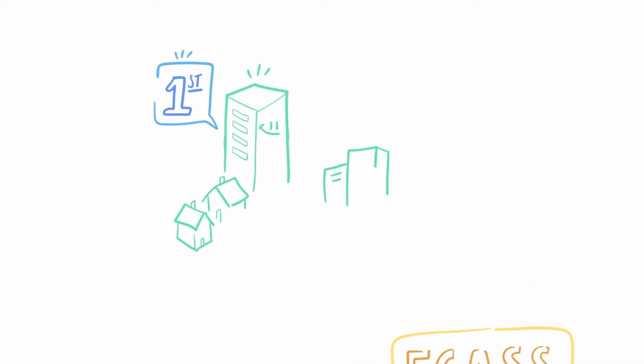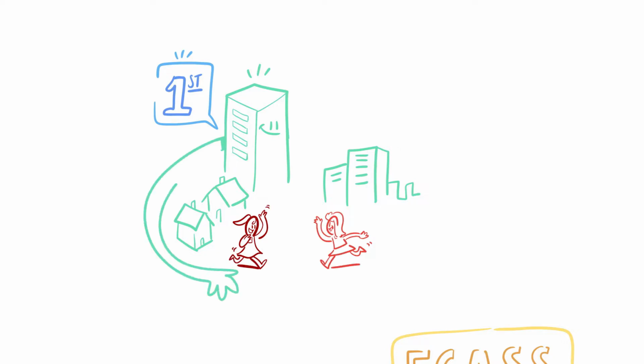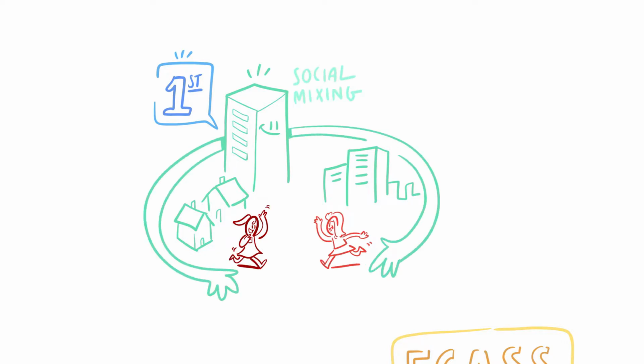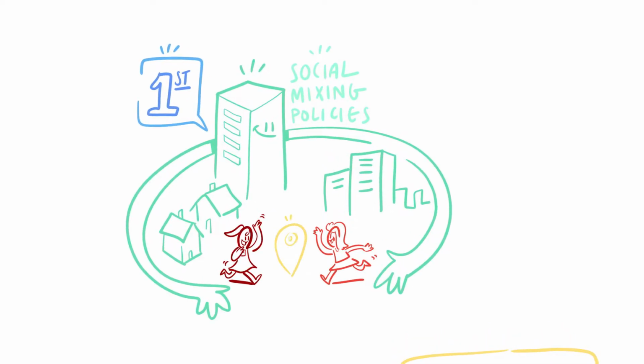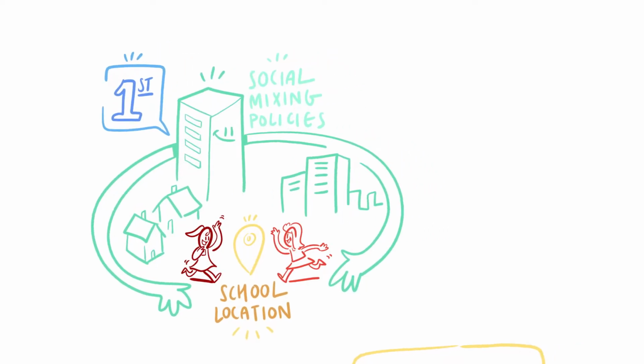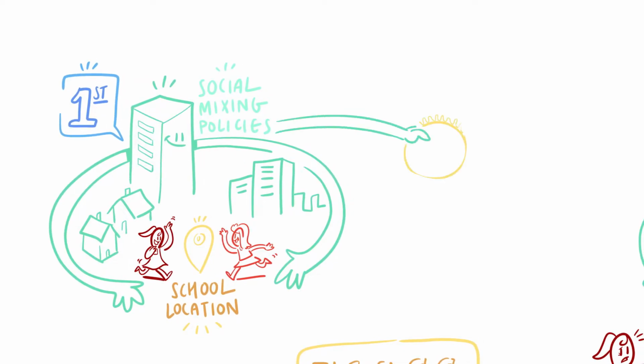First, to avoid the negative effects of residential segregation on school segregation, cities should coordinate policies to ensure social mixing in residential areas. In addition, it would be very helpful if cities could strategically decide where to locate schools. Cities may also set up catchment areas, districts whose residents have priority of access to a school.